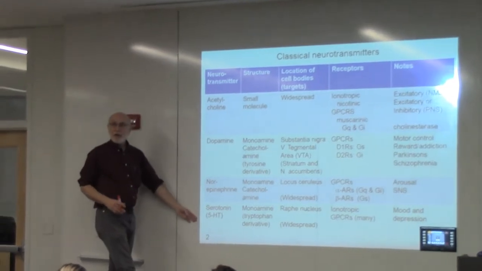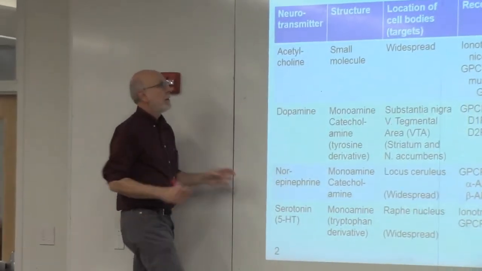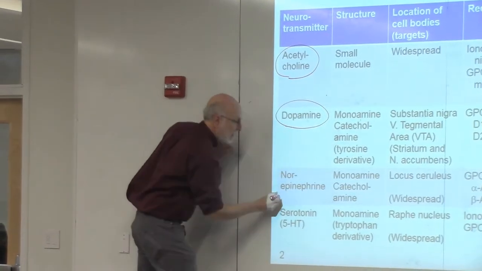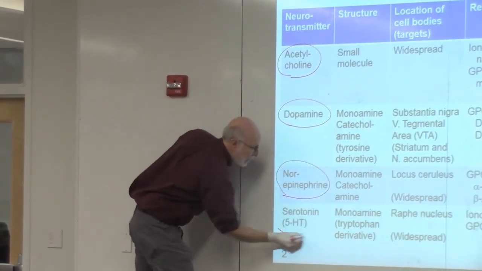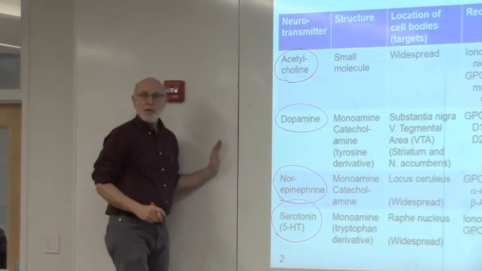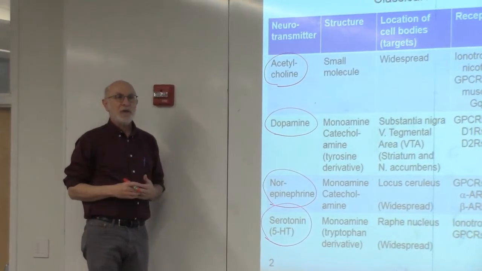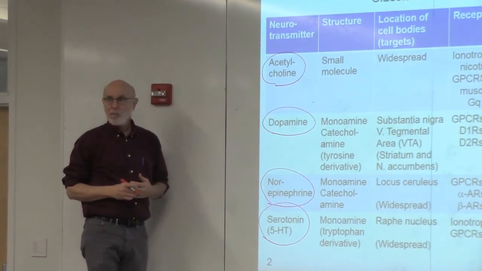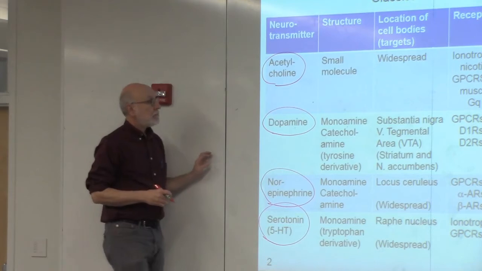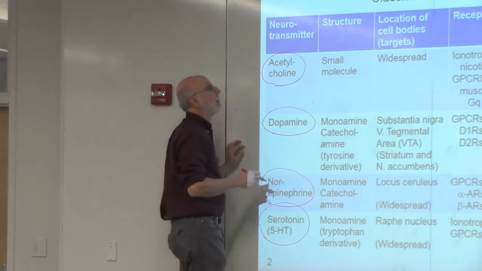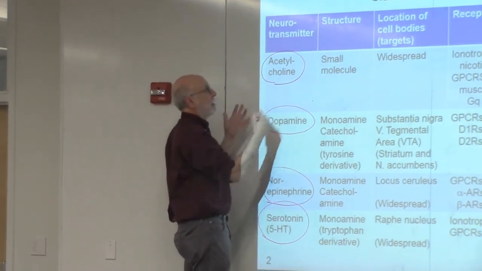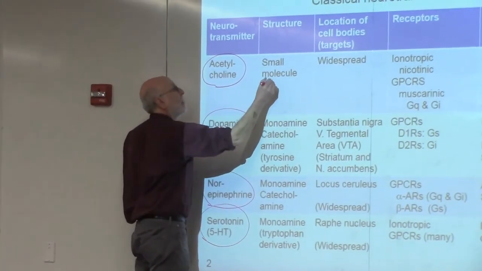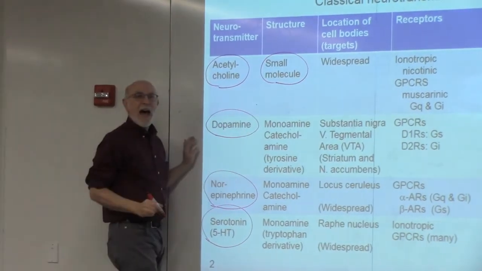Neurotransmitters, the name of the neurotransmitter. Yes? Yes, yes, and yes. I do want you to be able to know the names of these neurotransmitters. Acetylcholine is a small molecule that doesn't fall into any of the other categories, so I guess I do want you to know that.